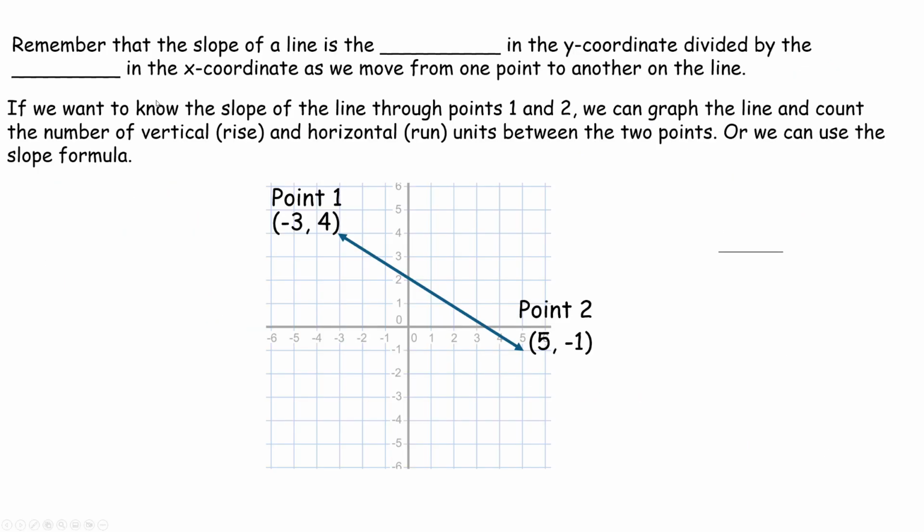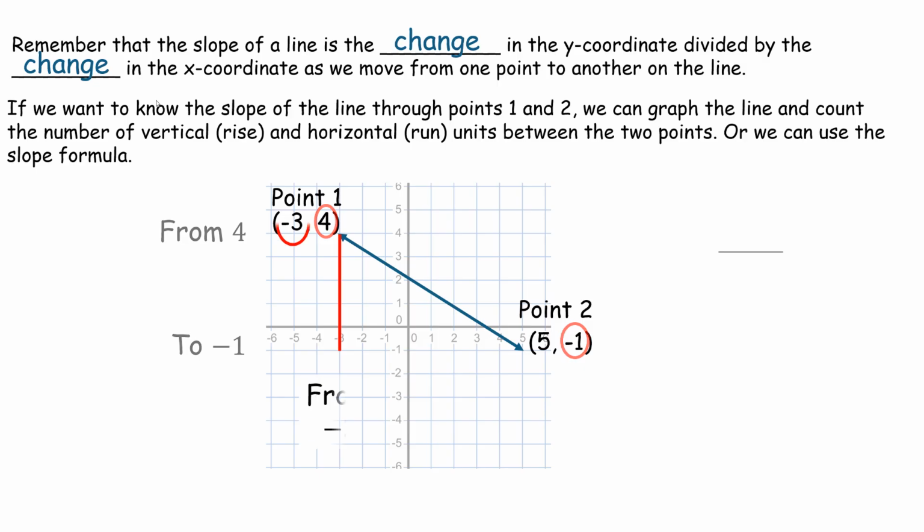Okay, let's remember that the slope of a line is going to be the difference or change in the y coordinate. So if you look at these 2 points right here, the y coordinate in the first point is 4, and the y coordinate in the second point is negative 1. So the difference in those, or the change in those two coordinates, is what I'm talking about, divided by the change in the x coordinate.